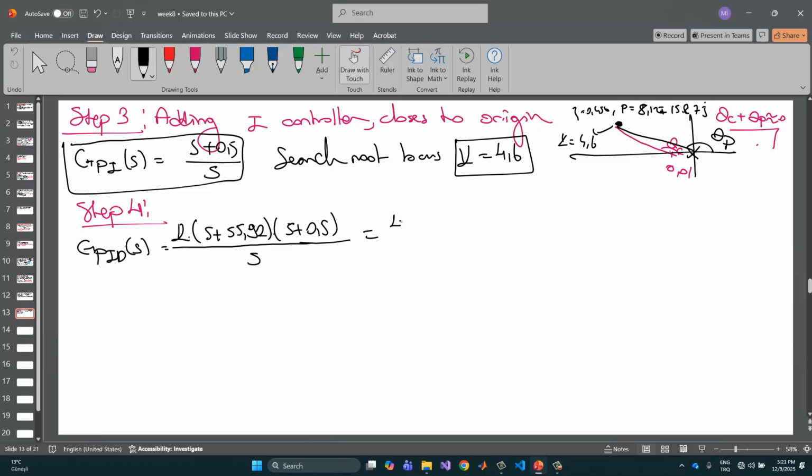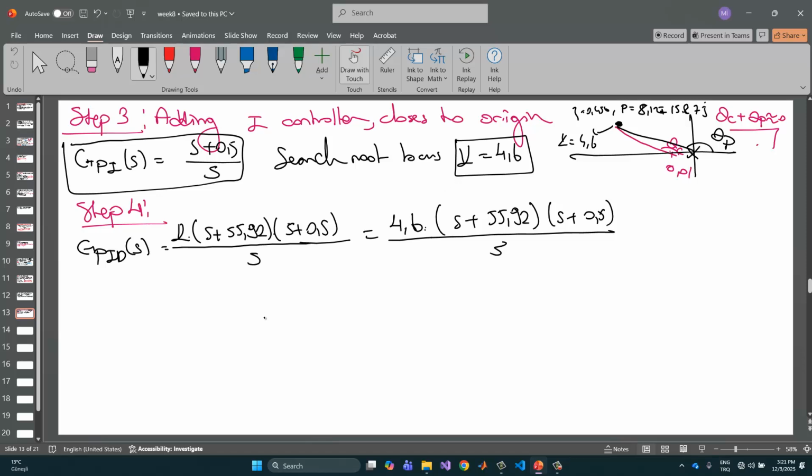So we write 4.6 in here times (s plus 5592)(s plus 0.5) divided by s. This is the PID controller.